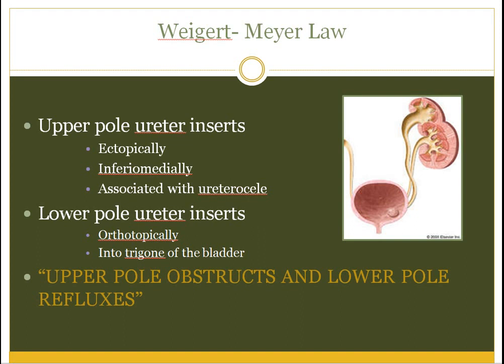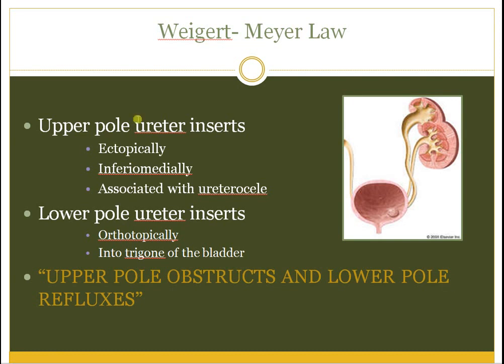There is a law that you should remember called the Weigert-Meyer law, which says that the upper pole obstructs and the lower pole refluxes, meaning the upper pole ureter is inserted ectopically, inferomedially, and is associated with ureterocele, whereas the lower pole inserts orthotopically, that is the normal insertion of the ureter when it's one, into the trigone of the bladder.